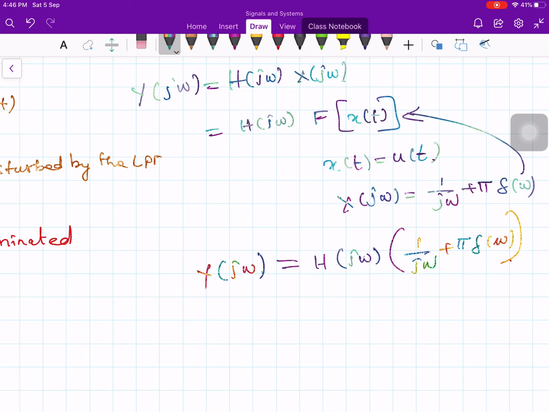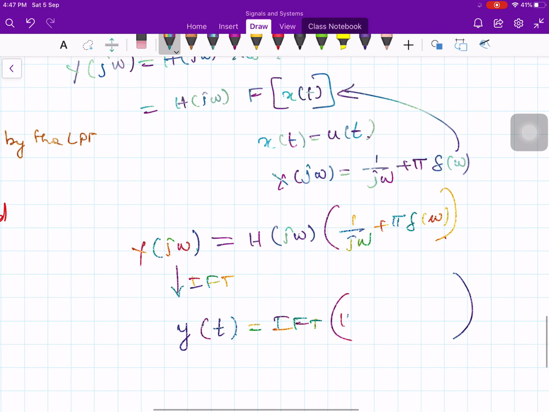So you take the inverse Fourier transform of this whole thing, H(jω) multiplied by 1 over jω plus π times δ(ω), and you will get y(t).